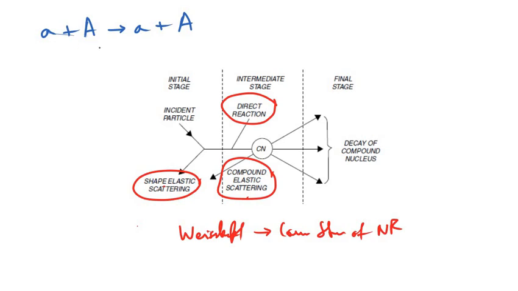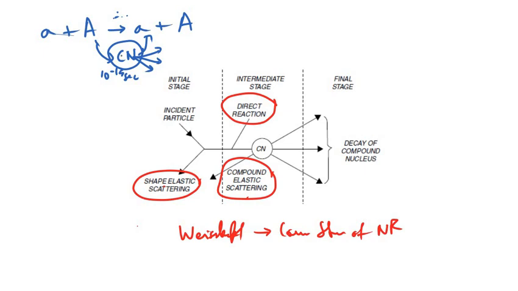However, if this reaction proceeds through the formation of compound nucleus, then the compound nucleus has various possibilities of decay, right? During the decay, how much time does it take? Around 10 to the power minus 14 seconds. However, if it is a sort of elastic scattering, the time is much lower, of the order of 10 to the power minus 22 seconds, right?